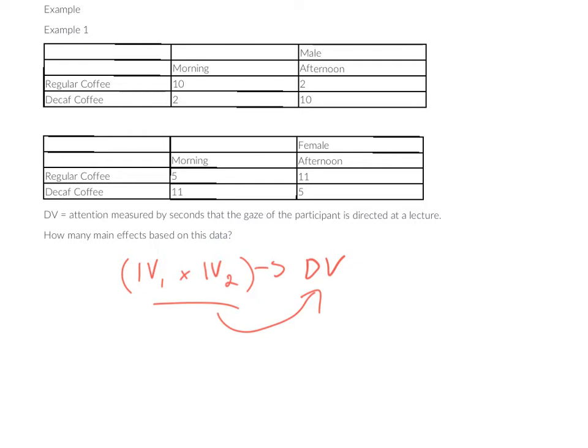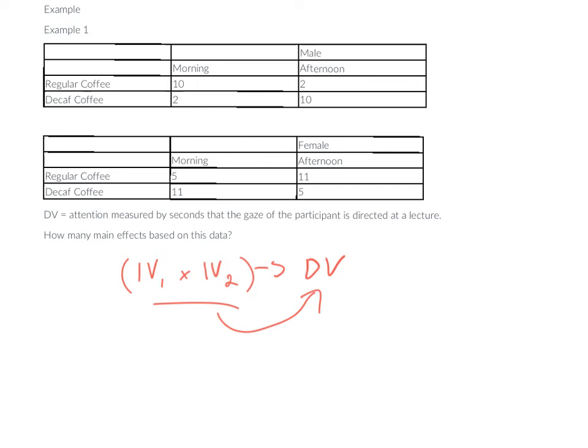Now, because we have more than two IVs in the study design, we have to think about all possible interactions, right? In the previous examples I reviewed, there were only two IVs when looking for interactions, like in your studies, you only had two IVs. So the interactions were just between those two IVs.